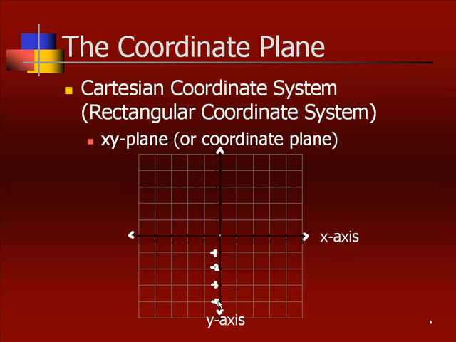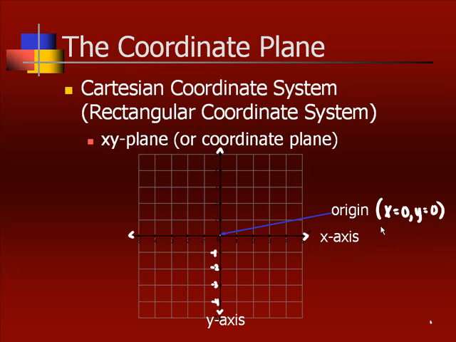Just like if you were going down in a hole, the further you go, the bigger the negatives get. Okay? The point in the middle where those two axes cross is called the origin. And we say that the origin occurs where x is equal to 0 and y is equal to 0.